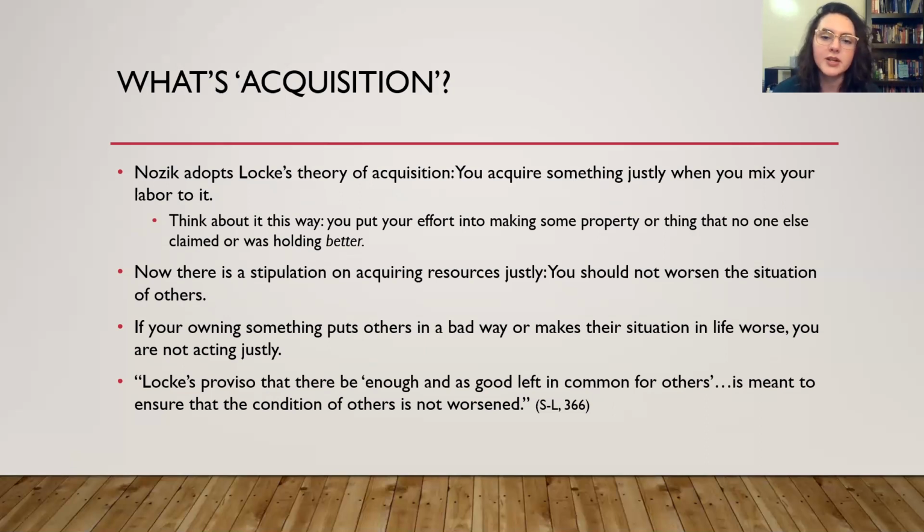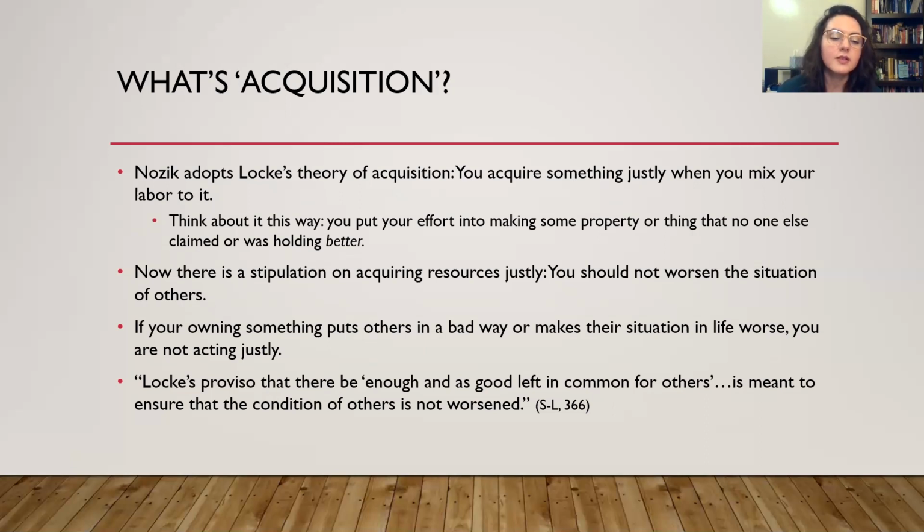So what would happen here is if you started charging people for that scarce resource, or you bought up all the other wells in the land, Locke would say that you're actually acting unjustly, because a lot of times what happens when one person owns a resource and they start charging for it, it gives them a disproportionate advantage over somebody else. So if you're owning something, if it puts someone in a bad way or it makes their life situation worse, you're not acting justly.